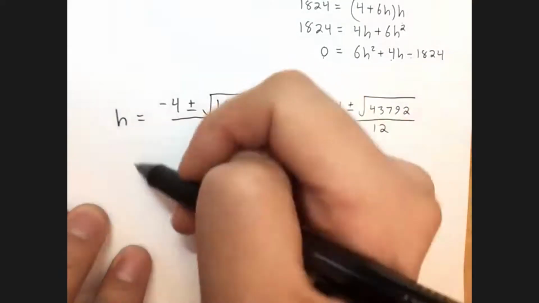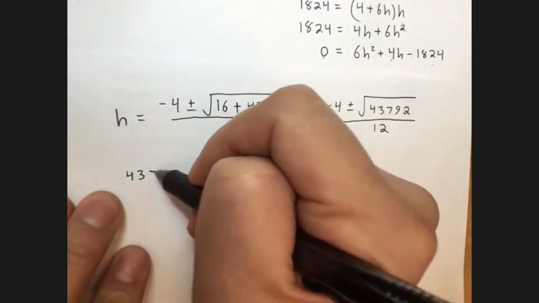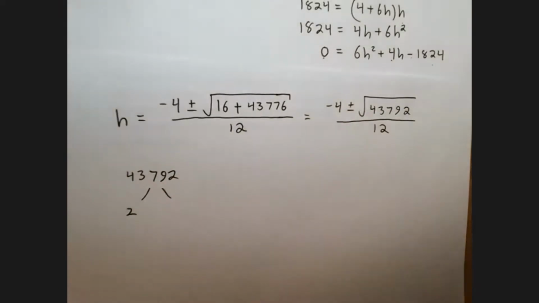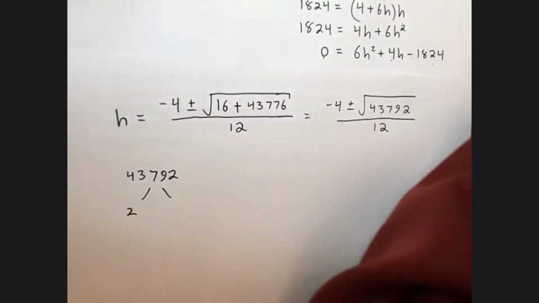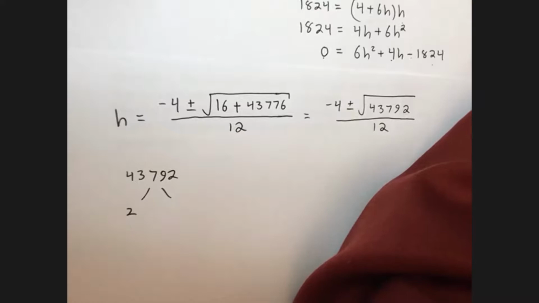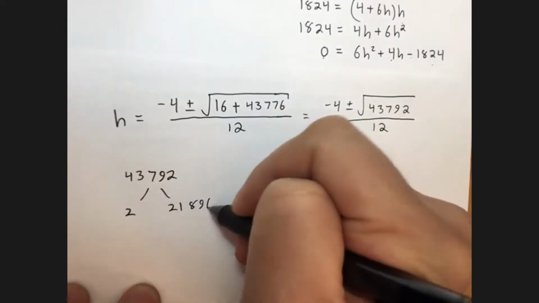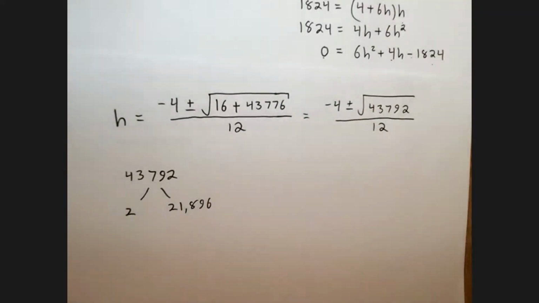Okay. So 43,792. Well, I know that if I factor out a 2, I know it's divisible by 2 because it's an even number. It ends in 2. So 43,792 divided by 2 is 21,896. Right? And that's divisible by 2.